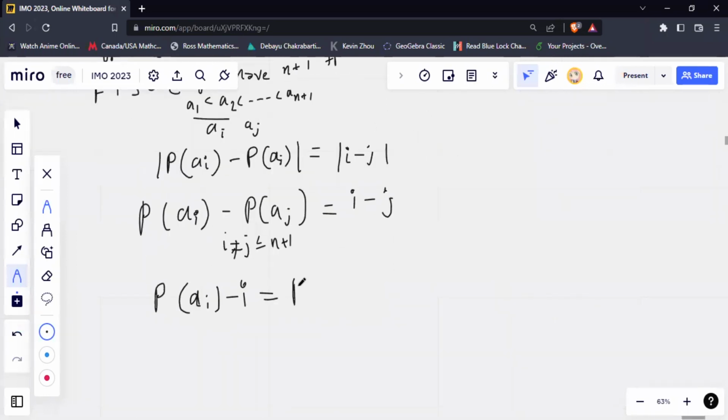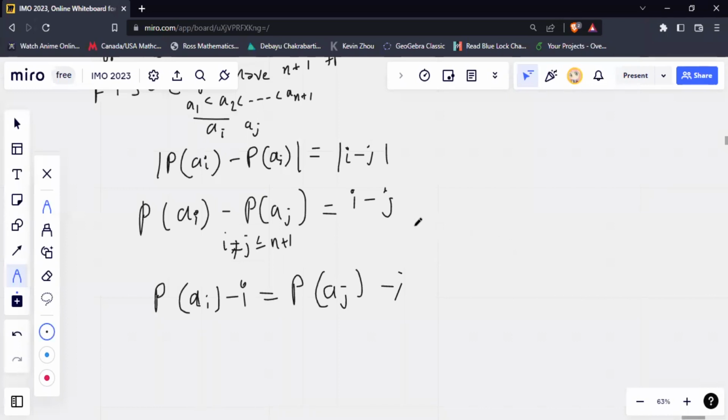Okay, so P of AI minus I is P of AJ minus J, and this is true for n plus 1 AIs, all of those.